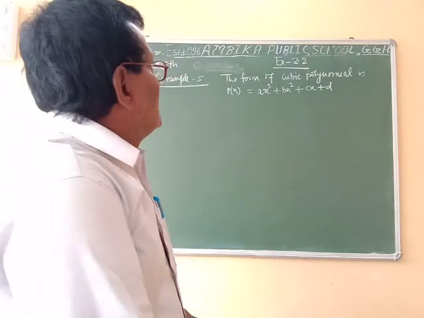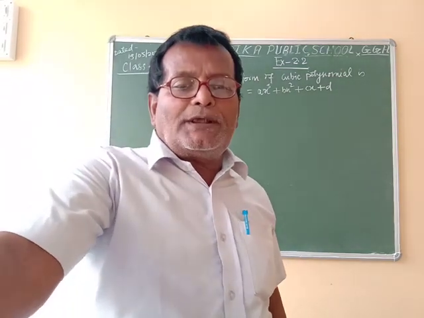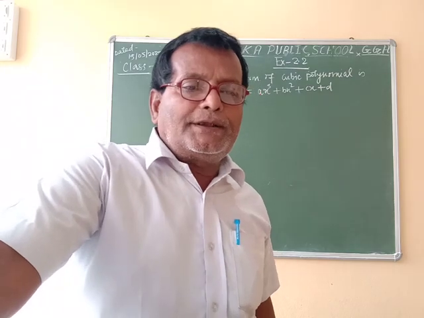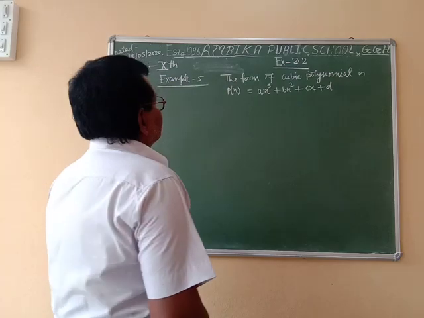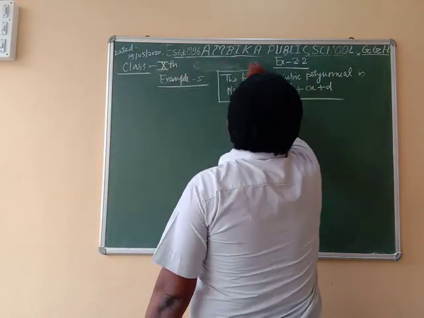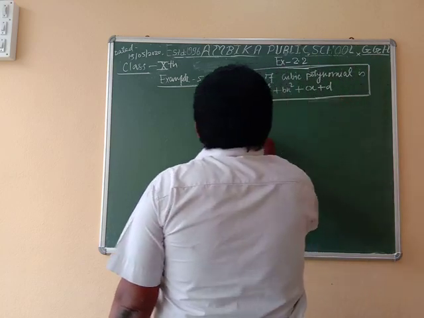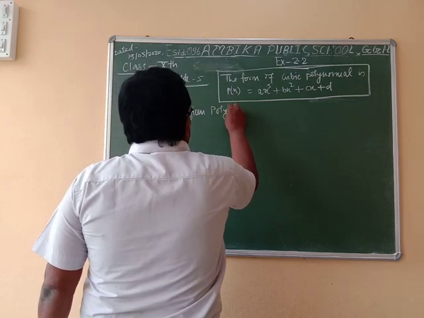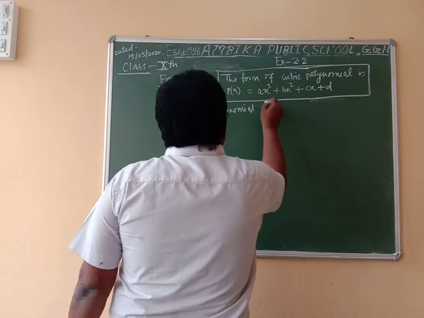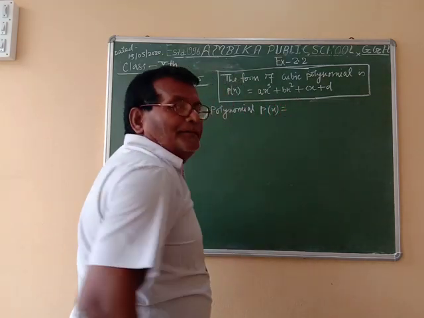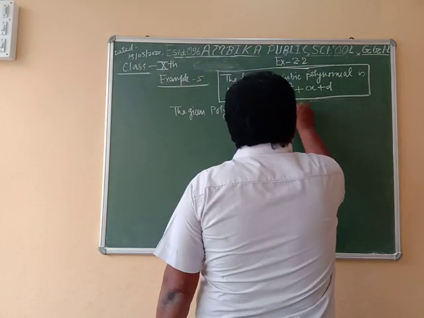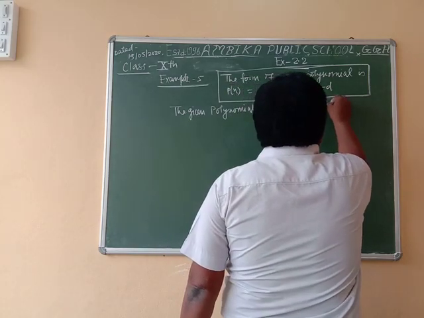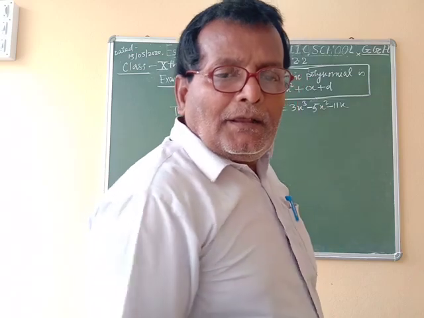So we put the values 3, minus 1, minus 1 by 3 in px equal to 3x cube minus 5x square minus 11x minus 3. The given polynomial is px equal to 3x cube minus 5x square minus 11x minus 3.